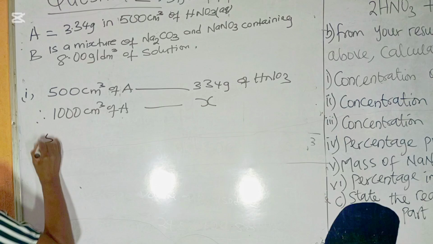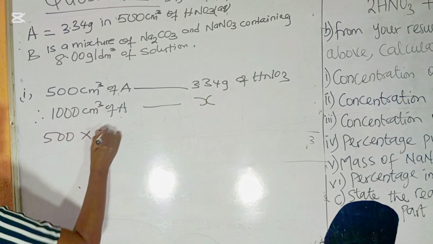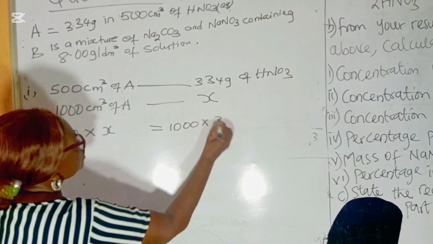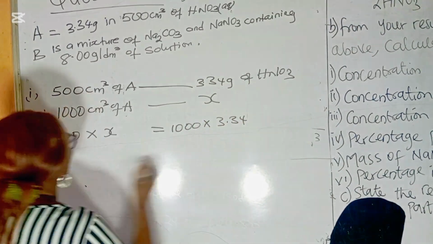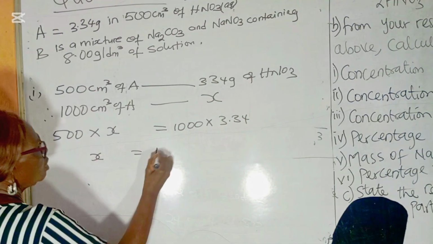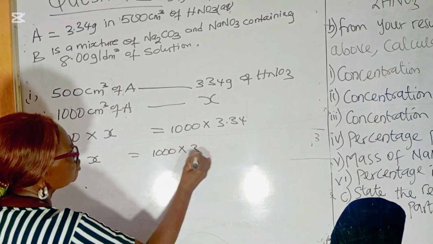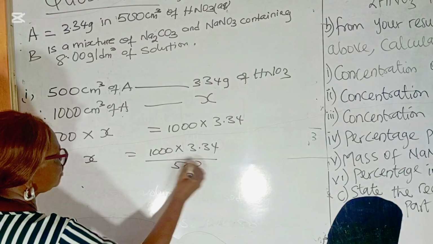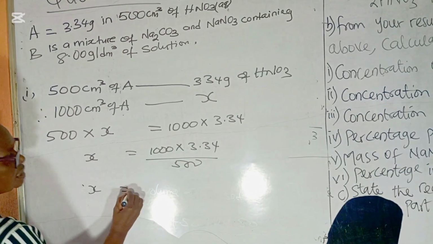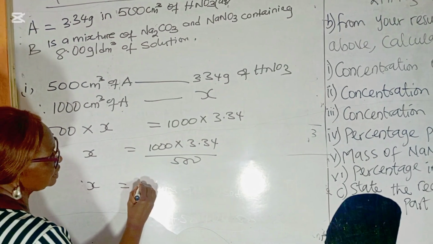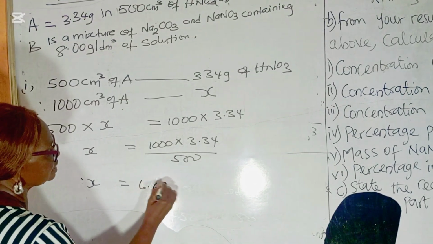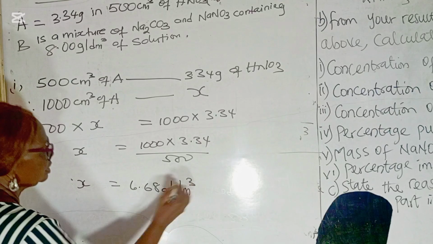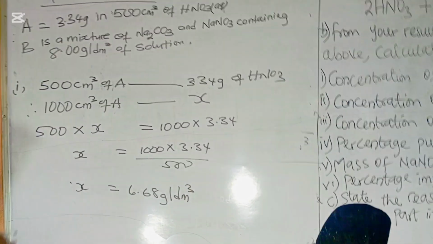Cross multiply. 500 times x will be equal to 1000 times 3.34. Then what is x? 1000 times 3.34 will be divided by 500. Therefore, x is 6.68 grams per dm cube. That's in gram per dm cube. That's not the final answer.